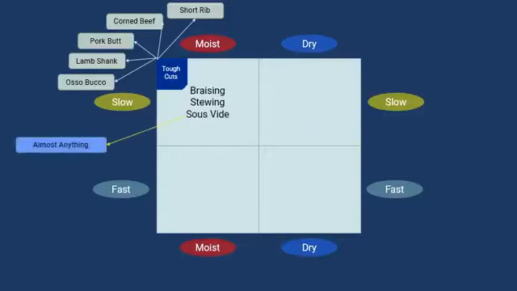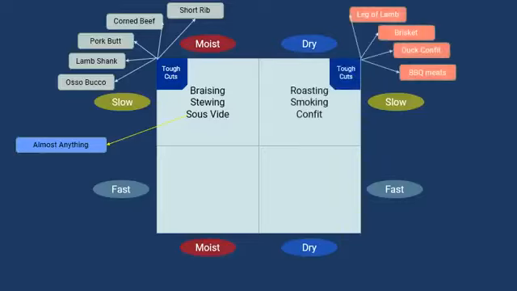Also sous vide, but sous vide can be used for almost everything, including fish. Dry heat with slow cooking methods includes things like roasting, smoking, and confit. Even though confit is submerged in oil, it's still considered a dry heat method.